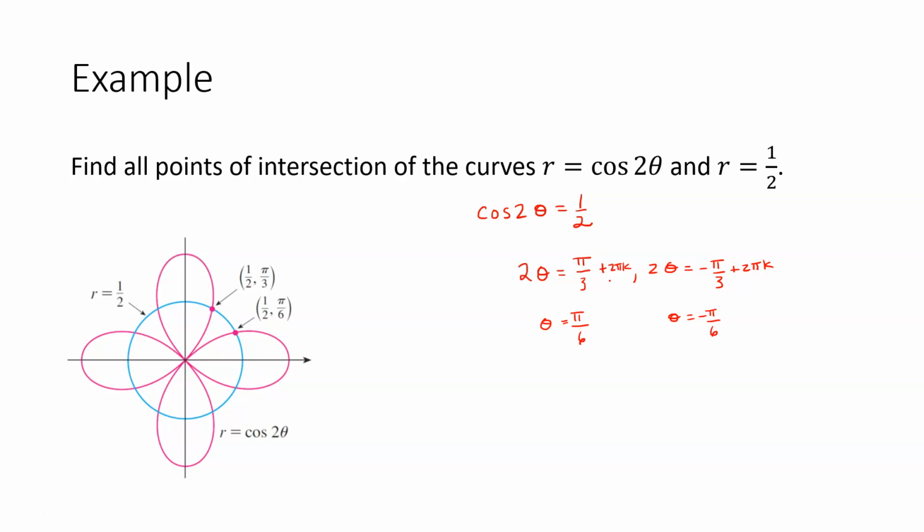So for instance, here we can get another solution by adding pi to this. So if I take pi over 6 and I add pi, I get 7 pi over 6.